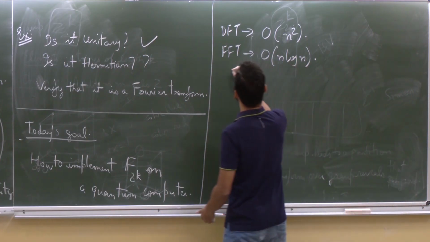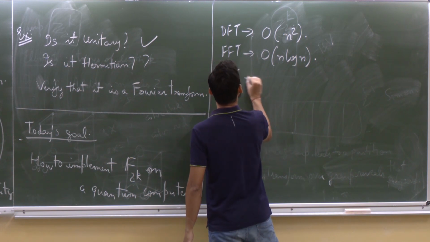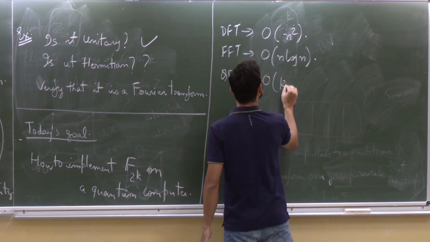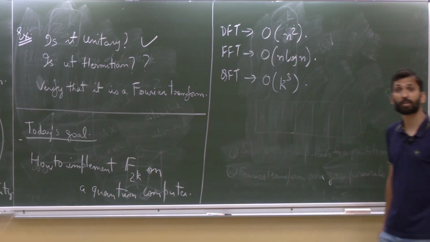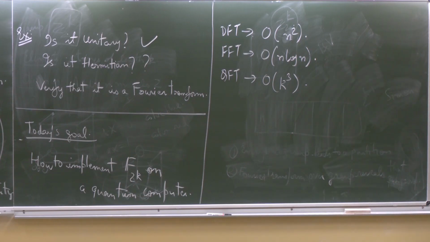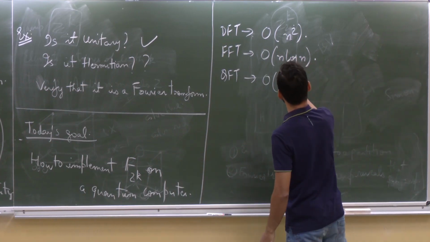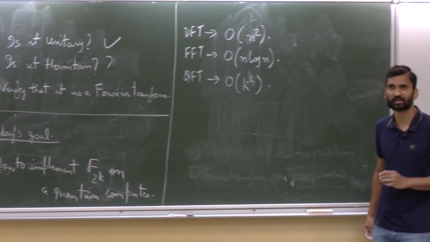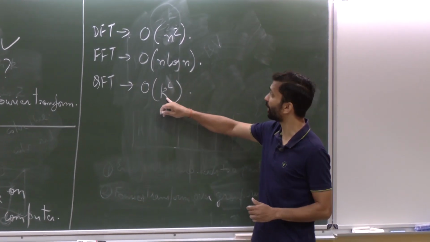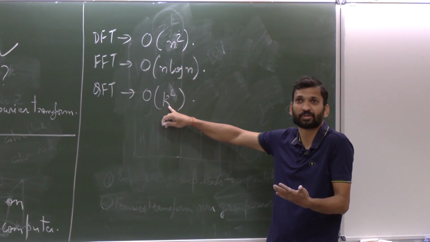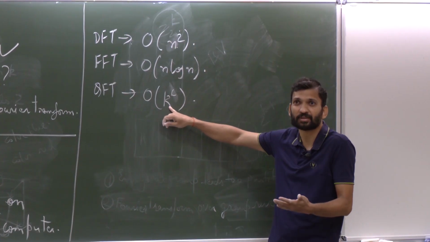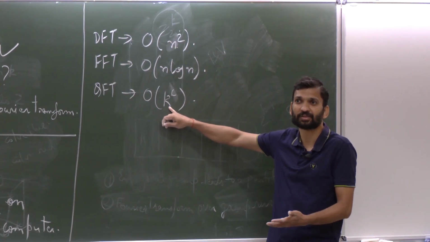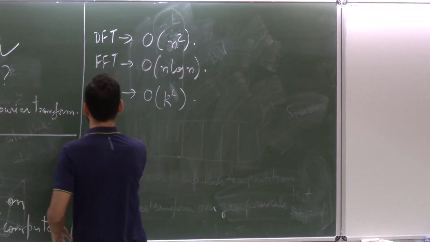What we are going to do is called QFT, which is much faster. Okay, I will say some. I think it is k squared. We will check. Okay, but you see now, I have log now, right? k is log n. So we are really fast. But there is a caveat.